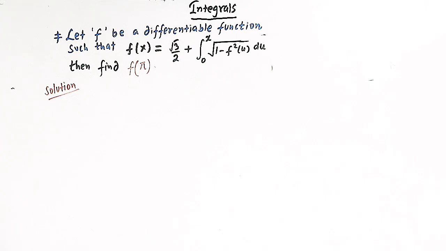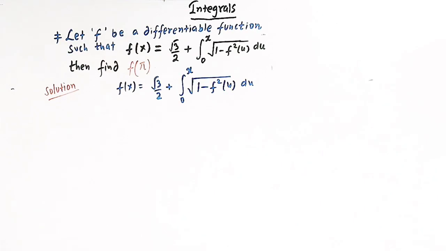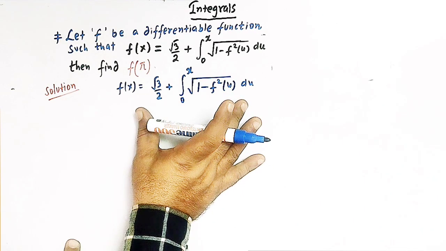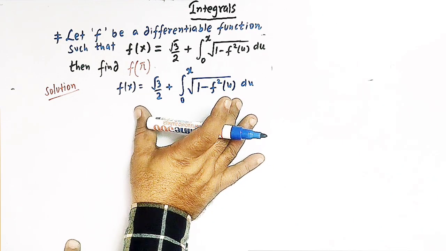So let us see how easily we can solve this problem by using the concept of derivatives and one important property of definite integrals. So let us start. Here we are given this relation, right?